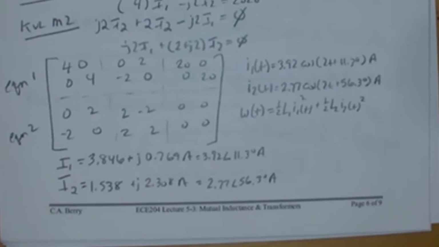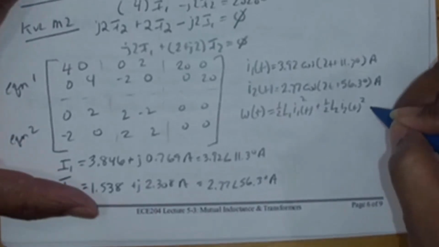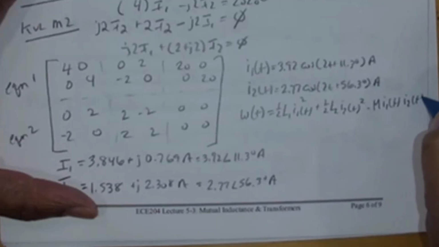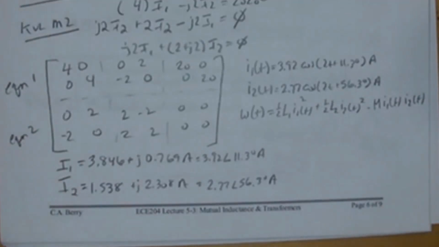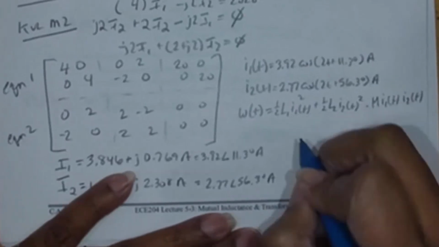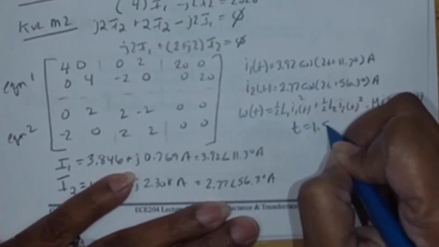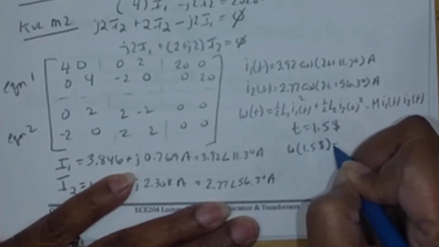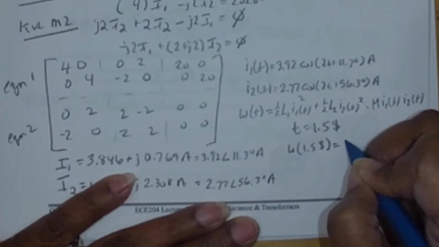Since one exits and one enters, it's a minus M I1 of t, I2 of t. And then at that point, you're plugging and chugging. And the answer is 9.59 joules.